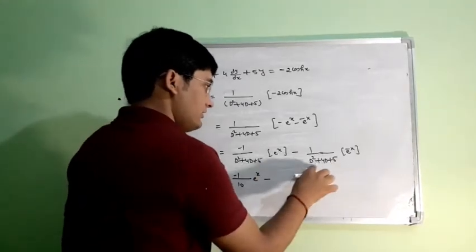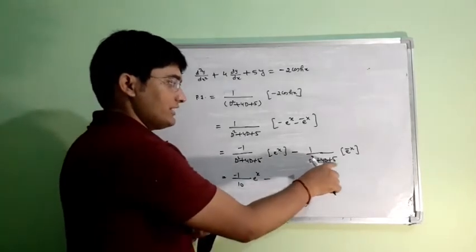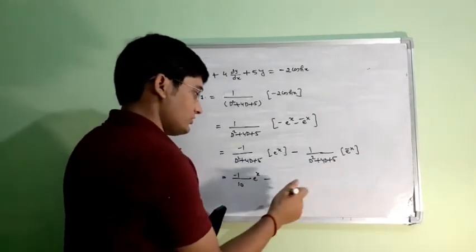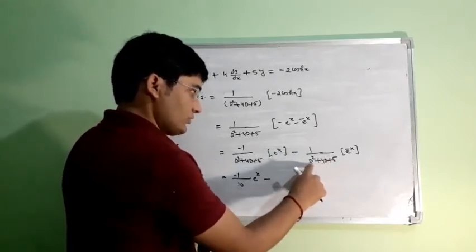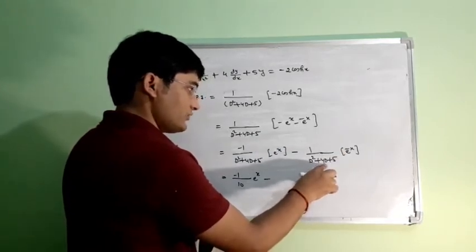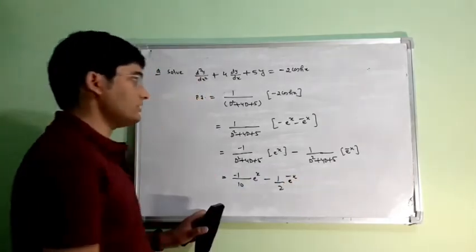Then if you replace D by minus 1, minus 1 whole square is plus 1, so 1 minus 4 plus 5, that is 6 minus 4, which is 2. So this is your particular integral.